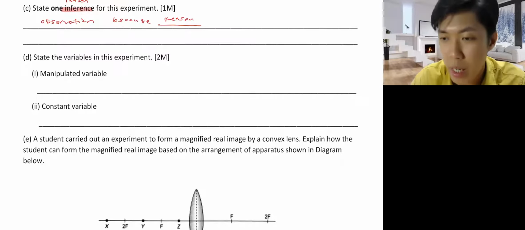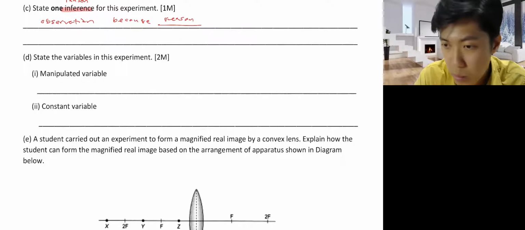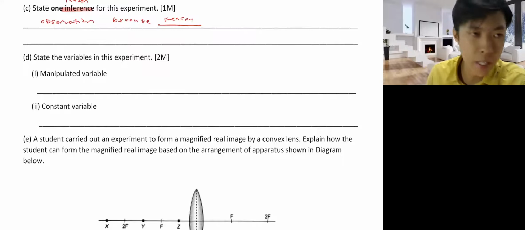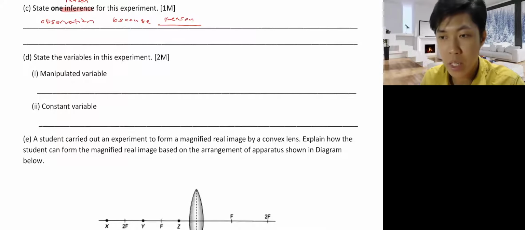Or another way of writing, you can do this in your chat box: focal length is affected by the thickness of the convex lens.